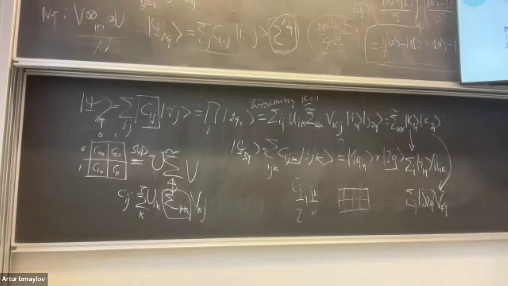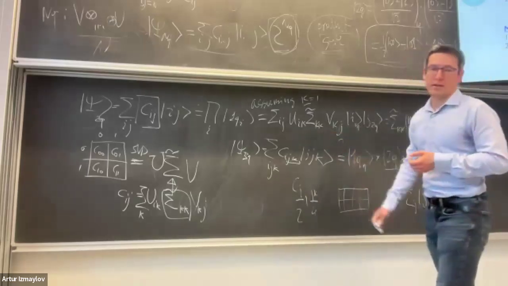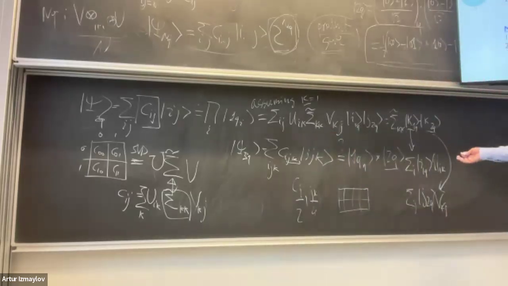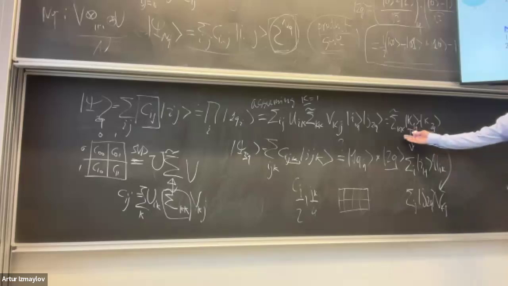So we present it as a product where this is the state for the first qubit, this is the state for the second qubit, assuming that there is only a single k term. But if there are multiple k terms, then there will be a sum over k as well. You could still do this, but there will be multiple products essentially.